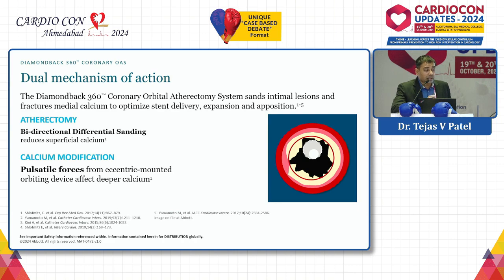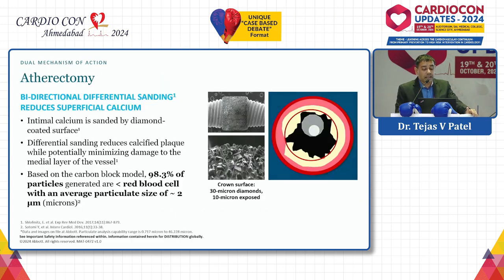An important thing is it is a bidirectional mechanism, and it does the sanding on both ways. And the second thing is pulsatile force, which is caused by the eccentrically mounted orbiting, and that gives pulsatile forces that break the deeper calcium. So you can see it here, this is the debulking of the superficial calcium.